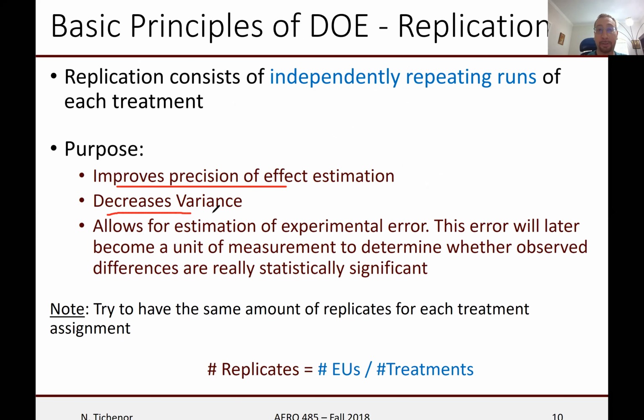And it decreases the variance, because in the randomization process, the time of curing was 3 hours plus minus 2 hours, whereas in the replication method, the time of curing is 3 hours plus minus 5 minutes.